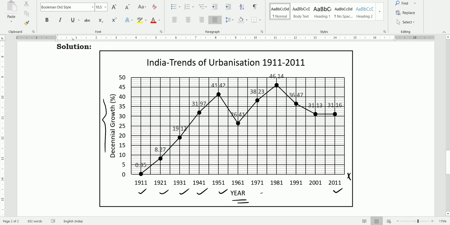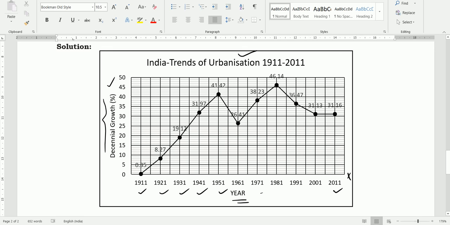So in this way we have to give the proper scale and unit. Then here we have the title of the diagram. You should not forget to give the title of the diagram.